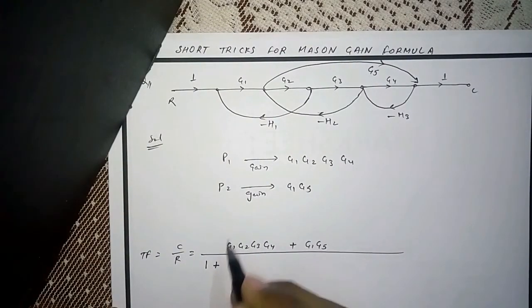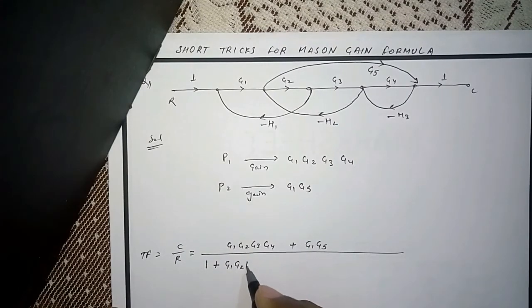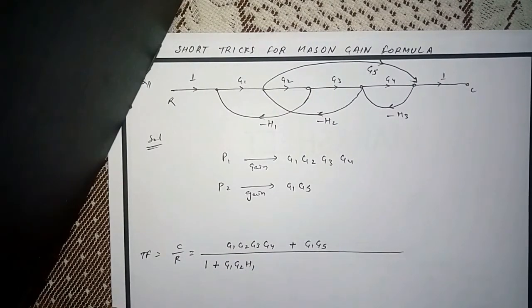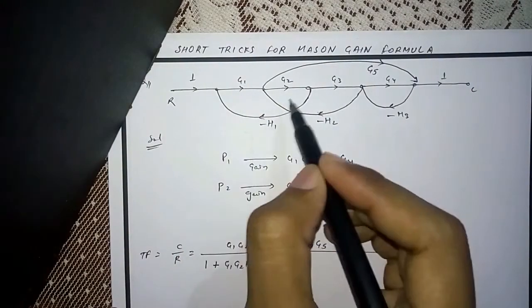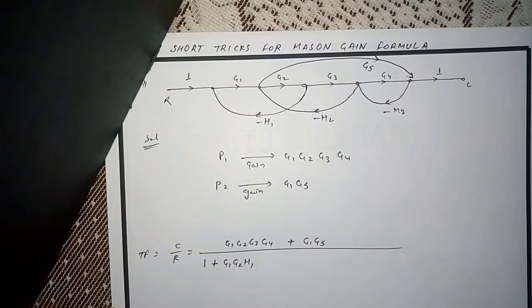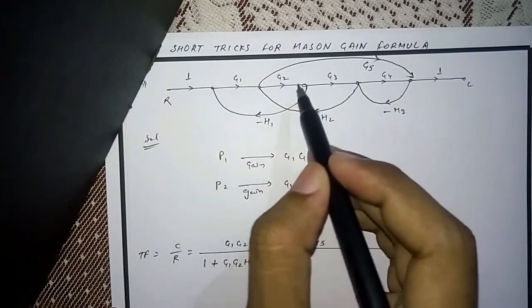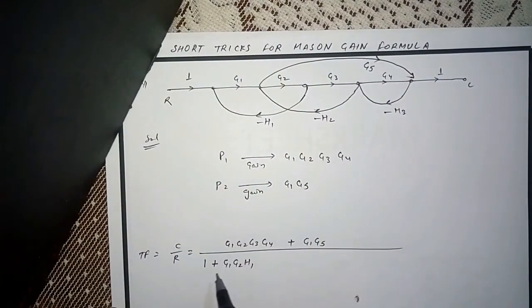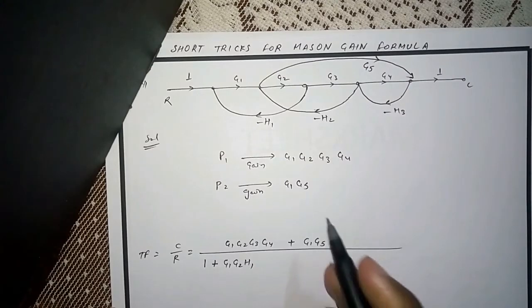So guys, 1 plus G1, G2, we have to write just H1. Okay, no minus, guys, because this 1 minus sign is applicable if we are taking single loop. Here we are writing the gain of single loop, so we don't have to take it as minus, just positive is enough.